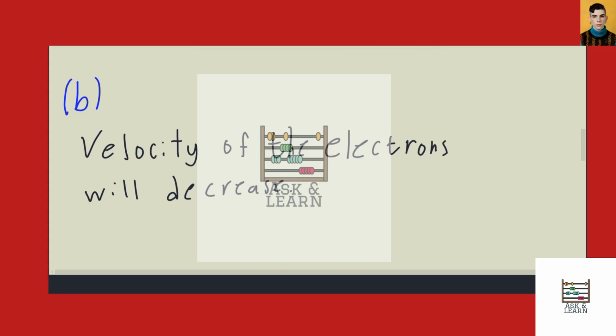And this is because the number of collisions between the electrons in the wire will increase. Thus, the speed of an electron is going to decrease.